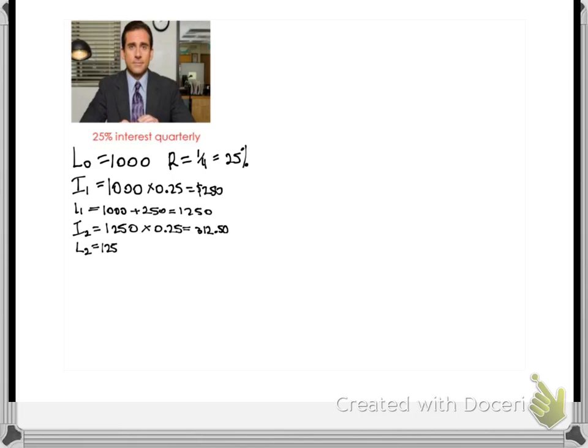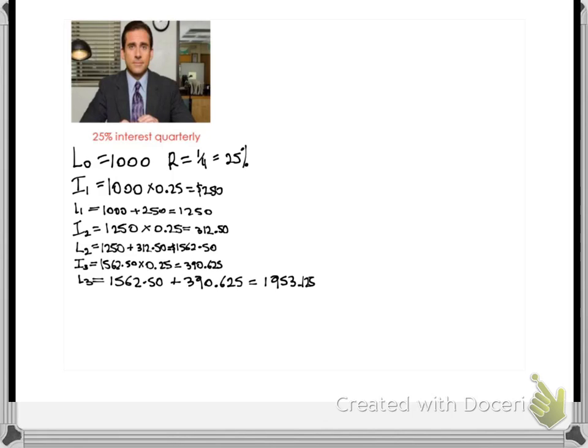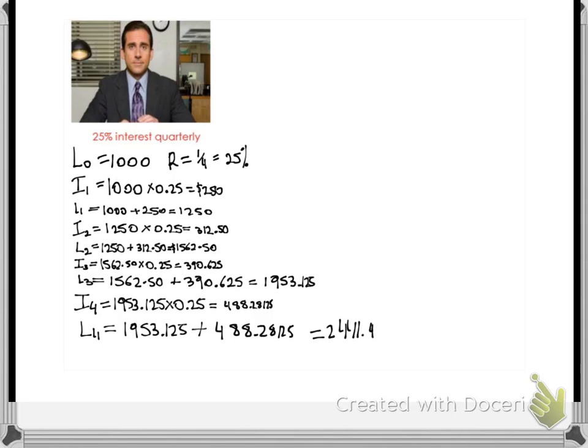And so at 6 months, we're going to calculate the interest again and add that new amount on. 1,562.50, and so on. And we do this 3 times, each at a rate of 25%. Add on the interest, and then recalculate interest, and at each point the interest is compounded, and the amount goes up. 2,441, so it's increased again.